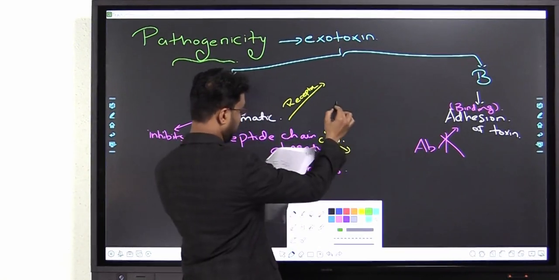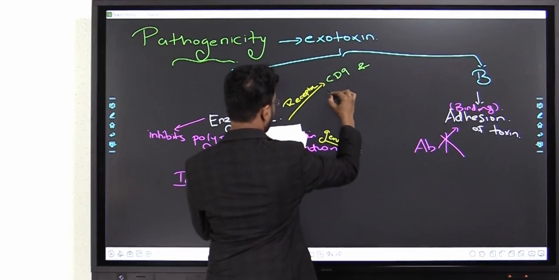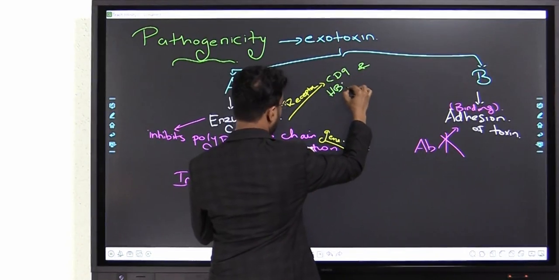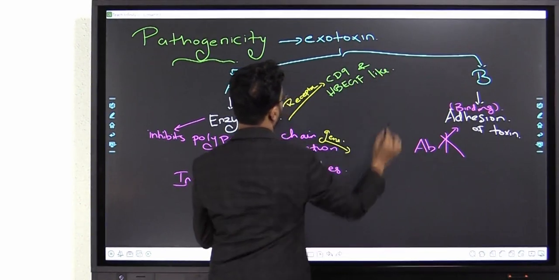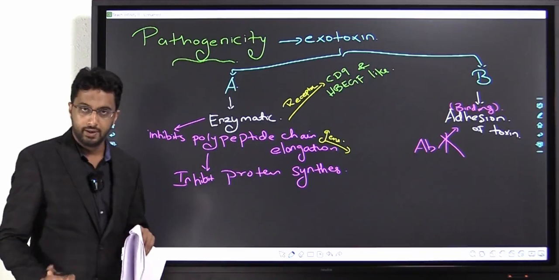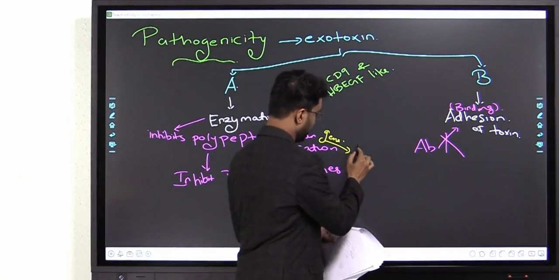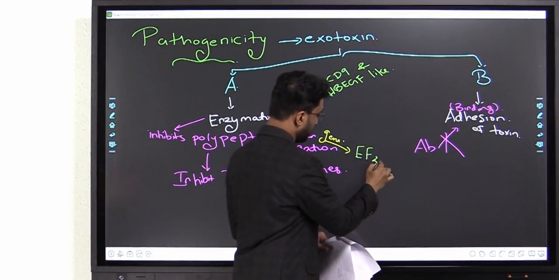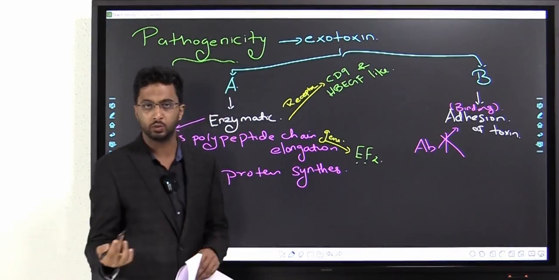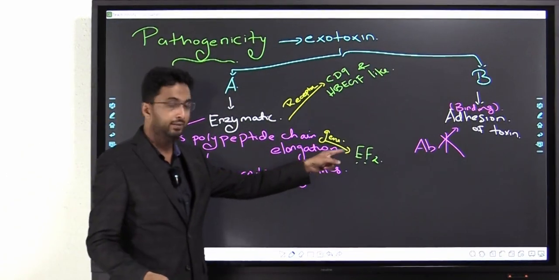The name of the receptor is CD9 and HBEGF-like receptor. Not very important, but the most important thing is where it acts, the action on the EF2 gene. EF2 is elongation factor 2 gene, for polypeptide chain elongation.